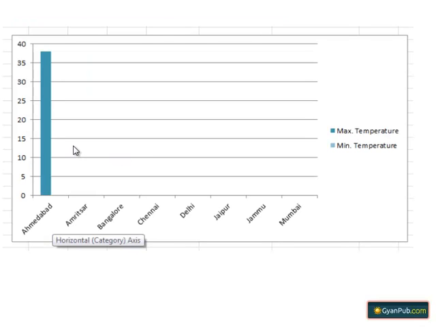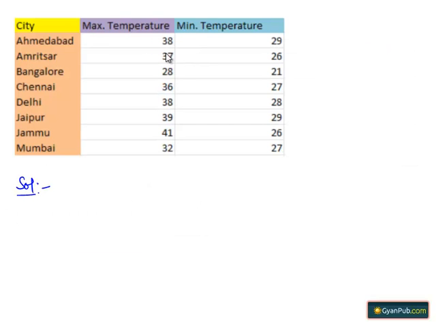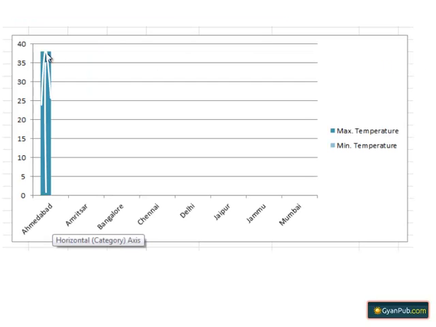Here let us take the sample of the bar graph. On x-axis, cities were taken. On y-axis, the temperatures were taken. Here the maximum temperature for Ahmedabad is 38 degrees centigrade. So locate the point between 35 and 40.